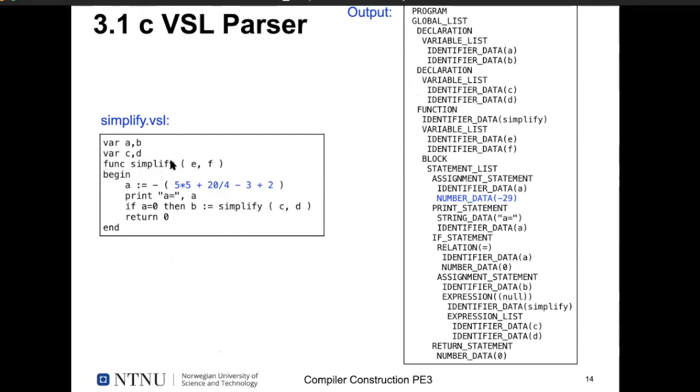Sorry, that is a copy and paste error from the wrong year. And then we start a block with begin. Then we assign some value to A, and then some expression here. We print this value, and if A equals 0, then we call our simplify function again recursively. And then we return 0 if A is not equal to 0, and that's it.